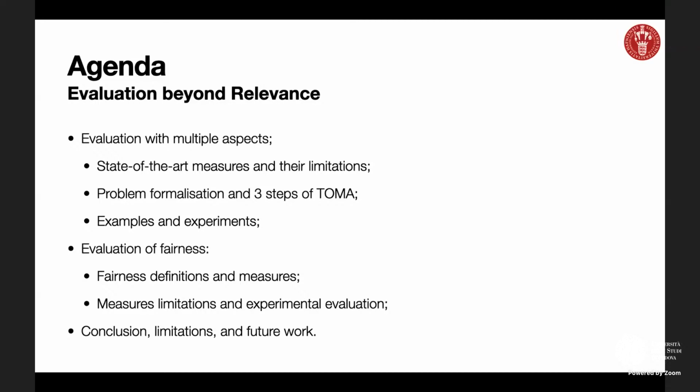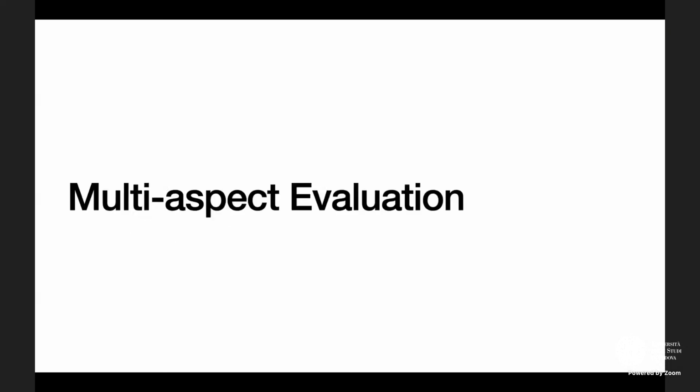And here we will have a look at the state of the art, as well as some novel approaches that we propose and experiments to evaluate these approaches. And then we move to fairness evaluation. We will have a look at different definitions of fairness and again limitations and experimental evaluation of these measures. And we conclude with a wrap up at the end.